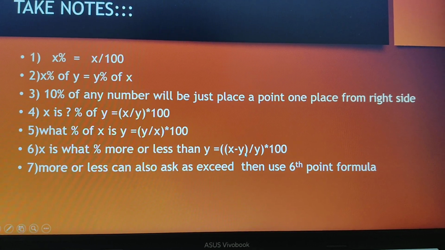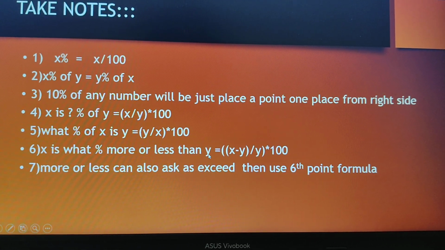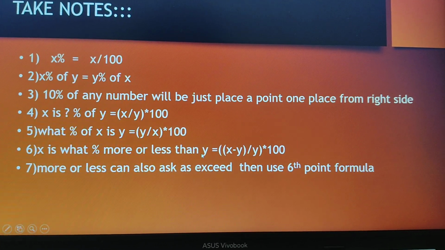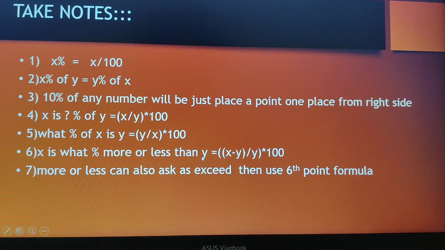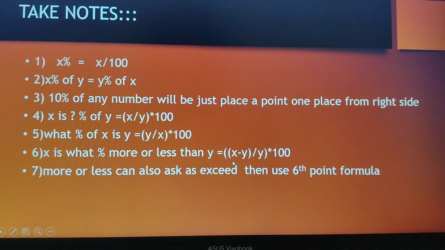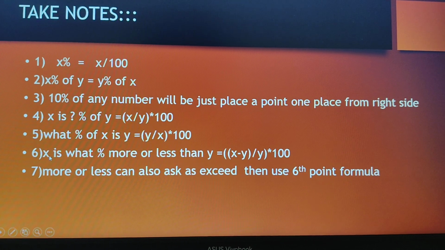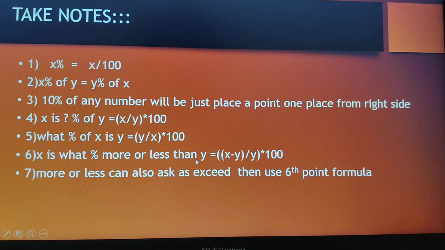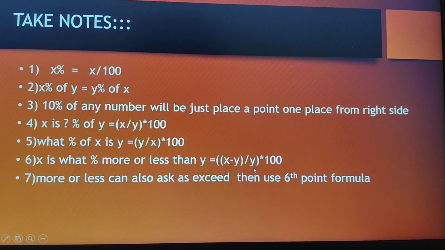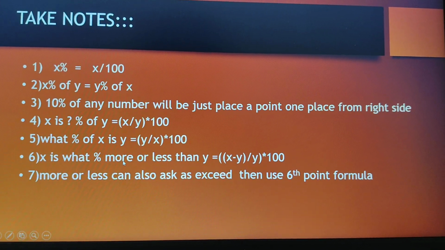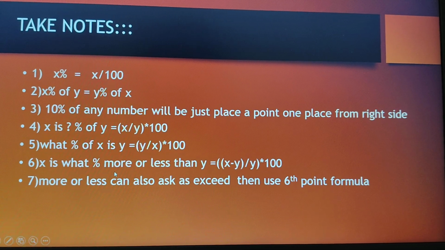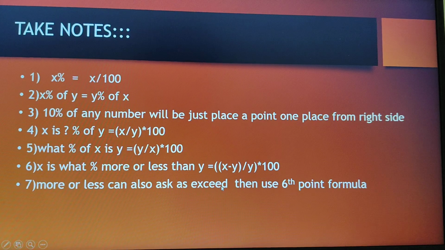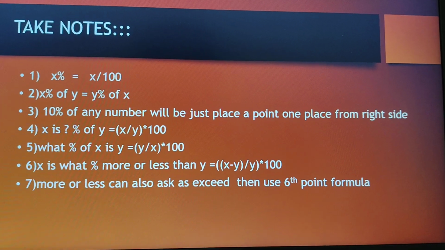This is for more or less than y. If they ask for more or less than x, where this than is present, that will be in the denominator. Here than y, so y is in the denominator. If they ask y is what percent more or less than x, so than is present beside x, then you will place x in the denominator. The sixth and seventh points are the same, but instead of more or less, they could ask the exceed terminology also. So please do check the terminology.